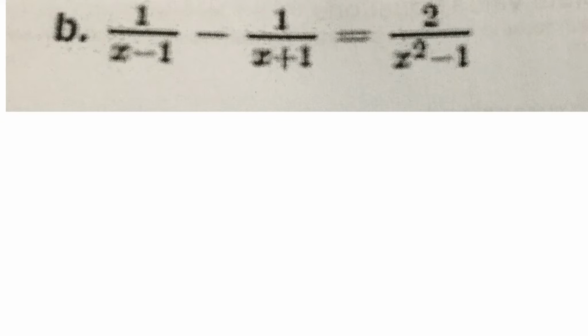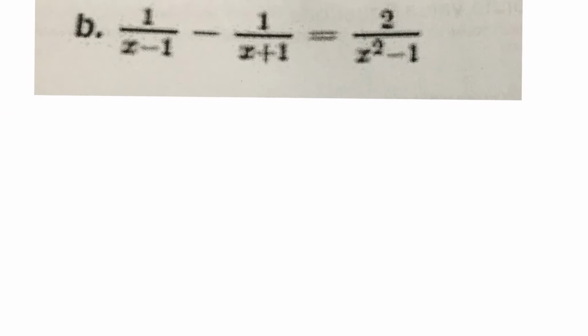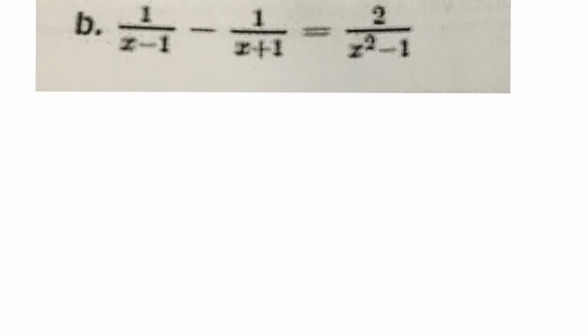So, what would be my common denominator between x minus 1 and x plus 1? Do you know how you find the common denominator? If my denominators were 4 and 3, what's the common denominator? Okay, so with numbers, you got no problem. How did you know it was 12?